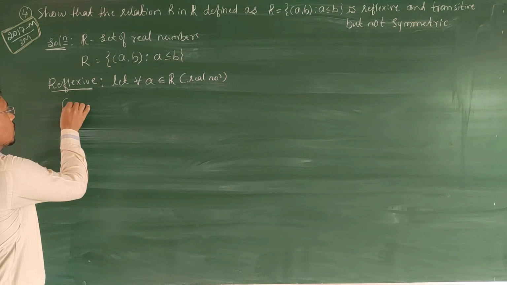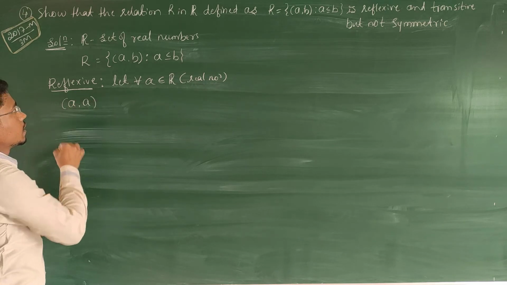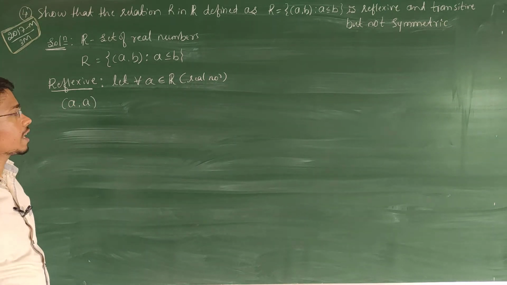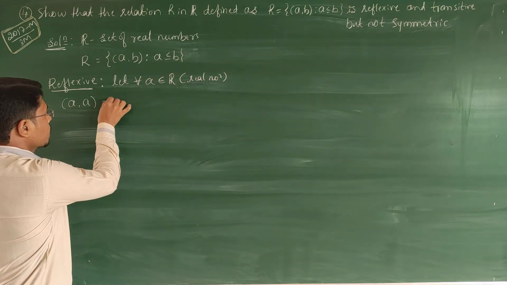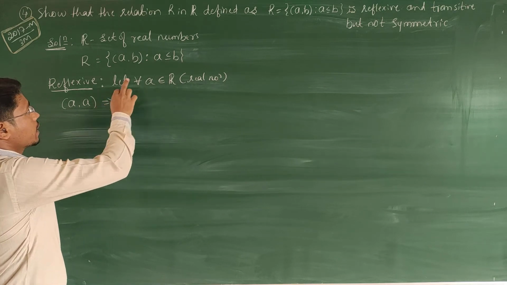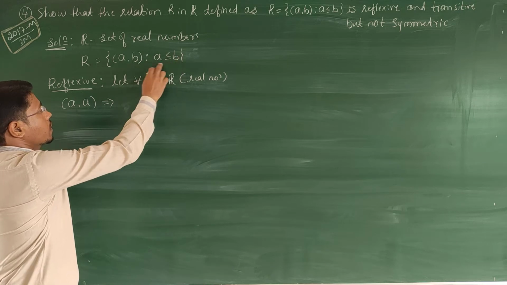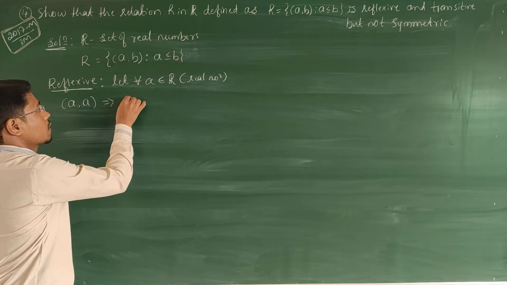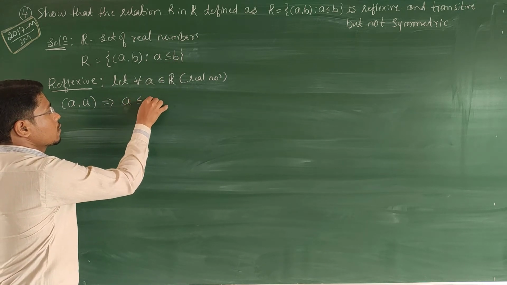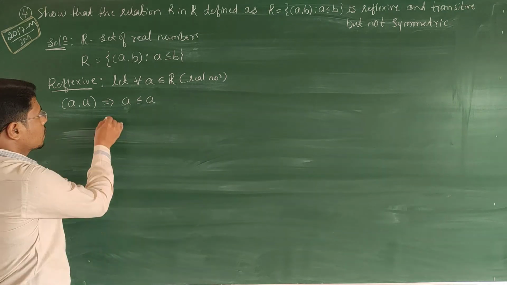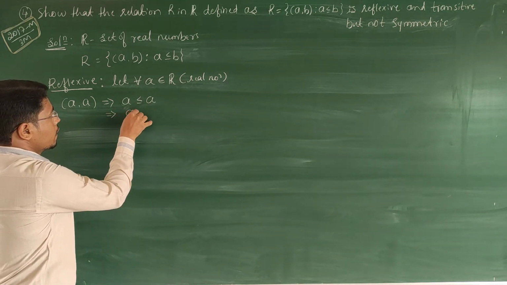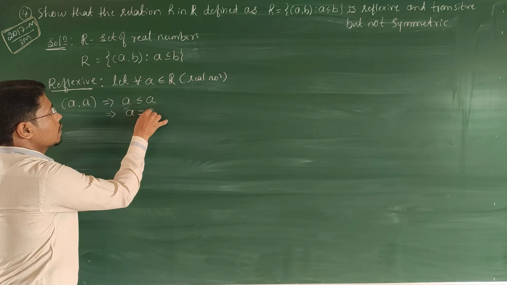Now we have to check (A, A) for reflexive. This implies, if I put it in the relation, what happens? The relation is A is less than or equal to B, but here it is (A, A), so A is less than or equal to A. Is it right? Yes. So A is equal to A itself.